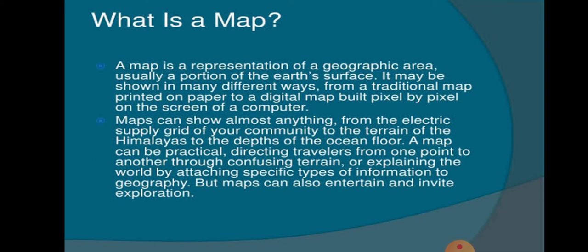Even unknown places we can reach by using the map. Or it can explain the world by attaching specific types of information to a geography. But maps can also entertain and invite exploration. So simply, what is a map? Simple quotation: a map is a representation of the Earth's surface.